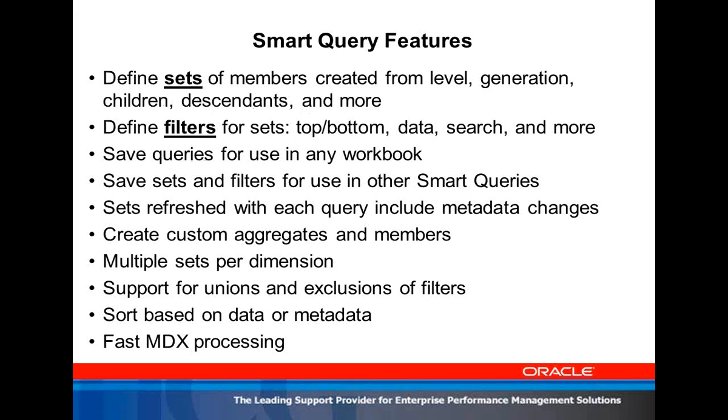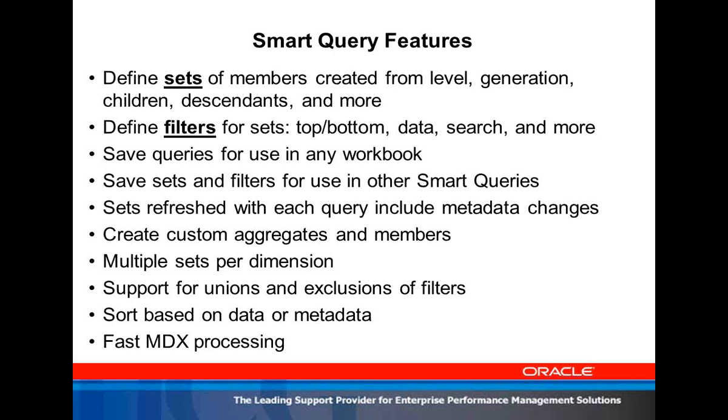Once you've created one or many sets for the dimensions in your rows, columns, and your POVs, then you can actually filter those sets. Now this comes in handy for the dimensions that you have in your rows and columns, because you might have 50 items in your rows, and you say, you know what, I'd only like the top 10.